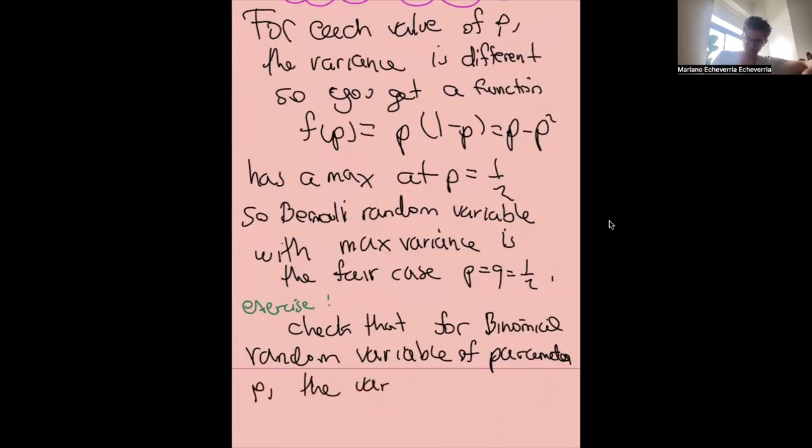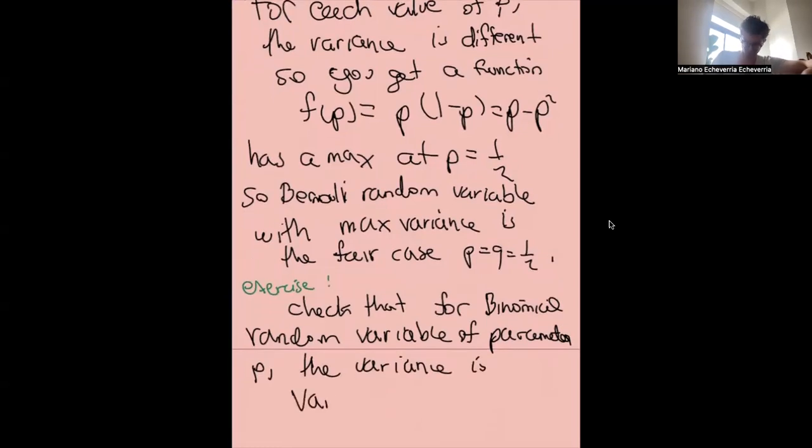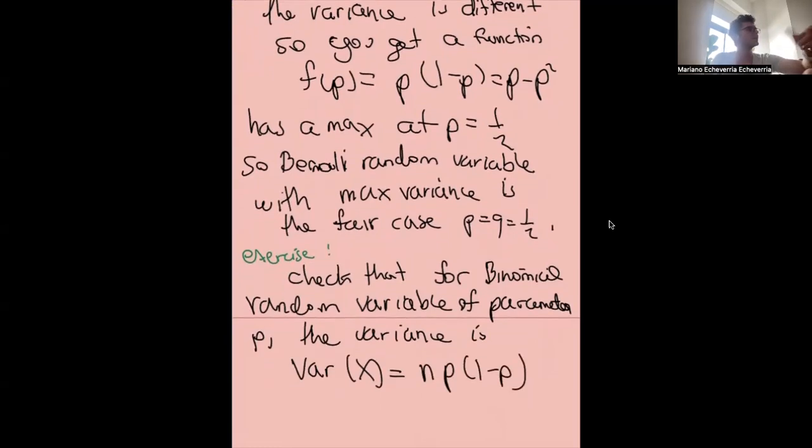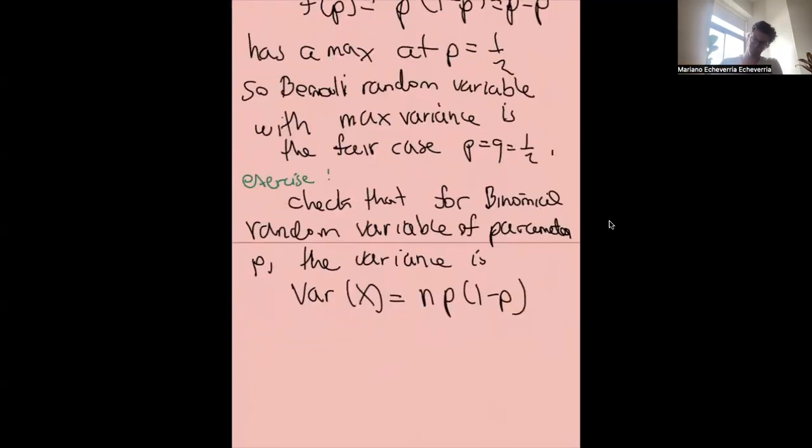The variance is just this multiplied by n, where n was the number of times you had to do the experiment in the binomial random variable.